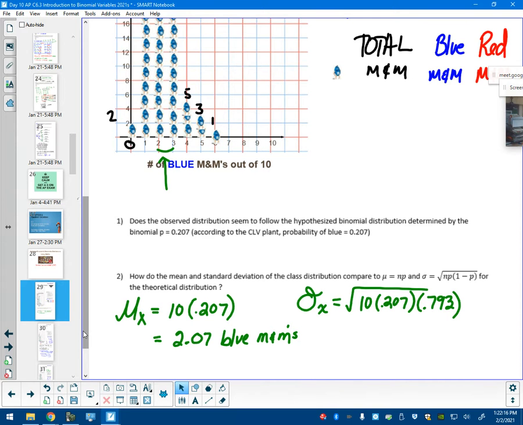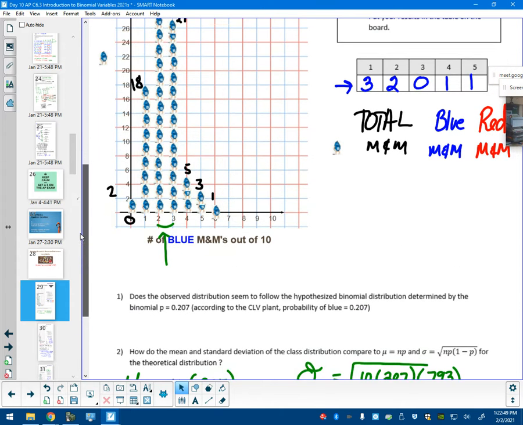And if I do that in my calculator, in the next couple days we're going to be finding out exactly where those formulas came from. 10 times 0.207 times 0.793 is 1.28 under the root. Approximately 1.28 candies. So this should balance at about 2.07 and then give or take 1.28. And so our balance point is definitely within there.